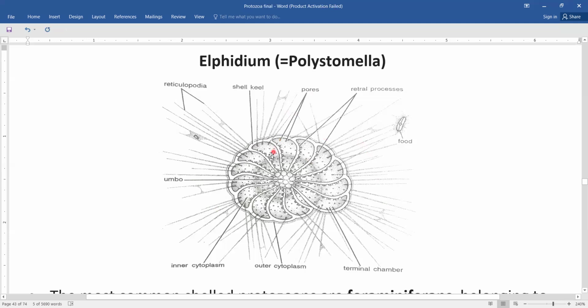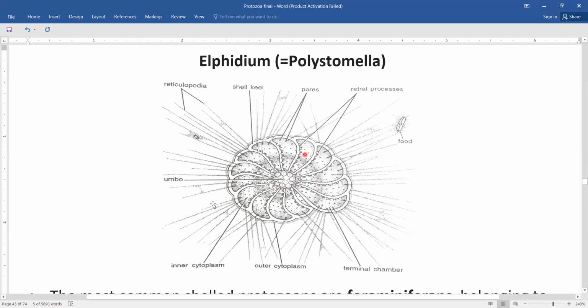The cytoplasm oozes outside in the form of pseudopodia, interconnected with each other and looking like a network or net-like appearance. Such pseudopodia are called reticulopodia. In each chamber, if you observe, there is an anterior concave surface and a posterior convex surface.